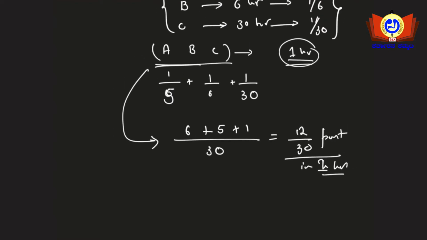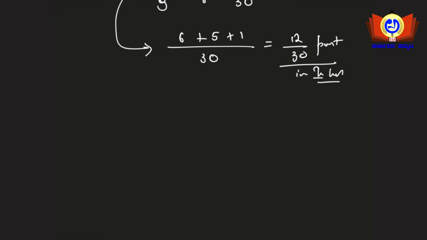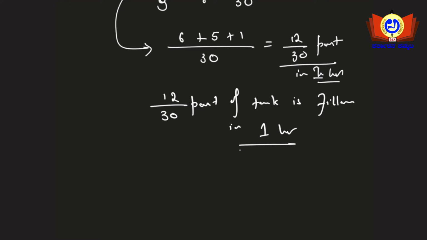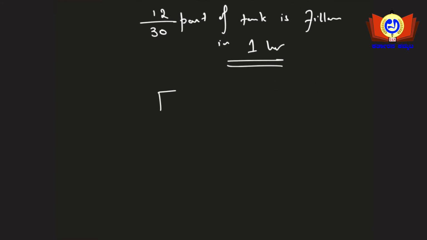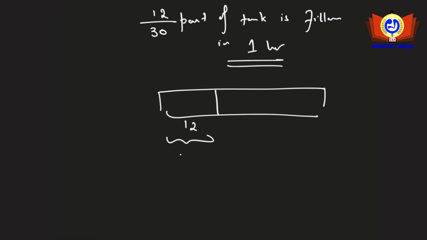So what you can understand here is 12 by 30 part of the tank is filled in 1 hour. There are 30 parts, in that 12 parts are filled in 1 hour.